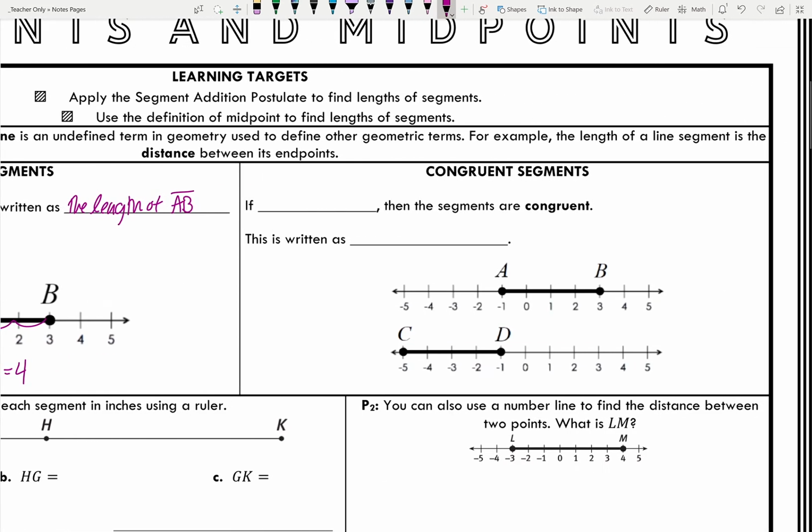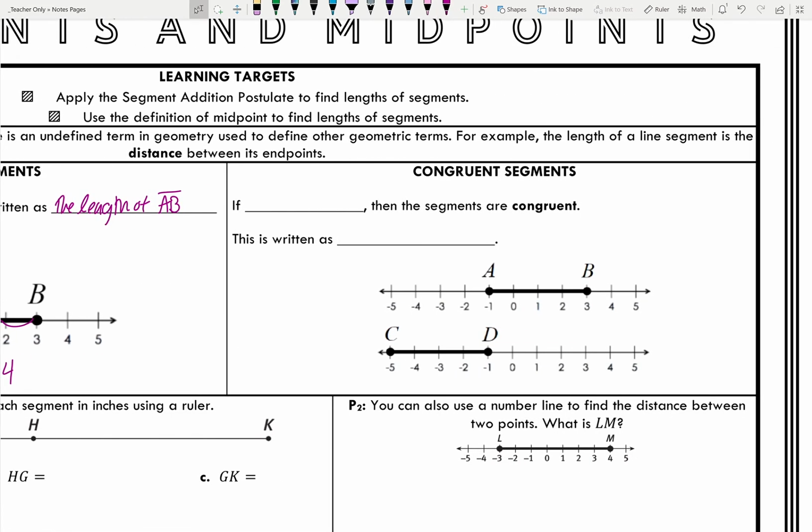Okay. Congruent segments. If the length of AB is equal to the length of CD, meaning AB without a line is equal to CD without a line, then the segments are congruent. And when I say congruent, I mean that their lengths are equal.